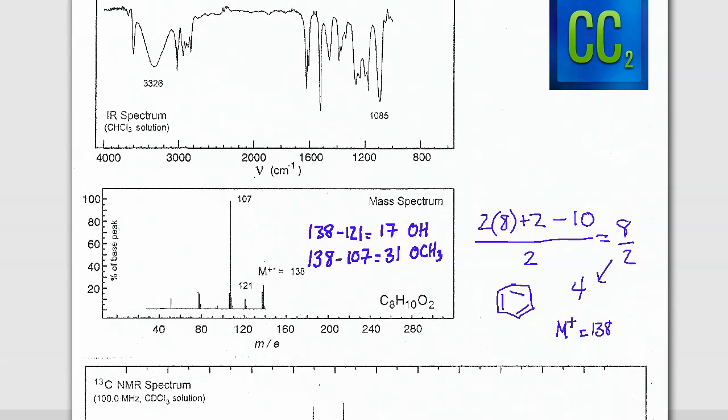So there's potentially going to be an OCH3 if the degrees of unsaturation hold and we do have an aromatic, which we know we do. There's no more degrees of unsaturation left. So this could not be an ester because we wouldn't have a carbonyl that would require an additional degree of unsaturation. So we likely have some sort of an ether because of the OCH3 and some sort of an alcohol.